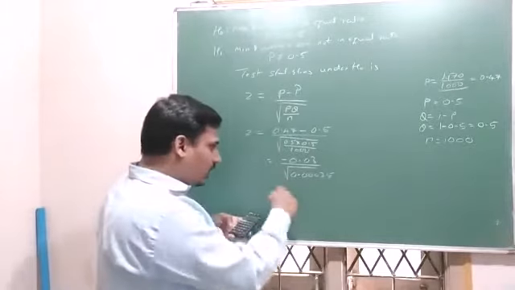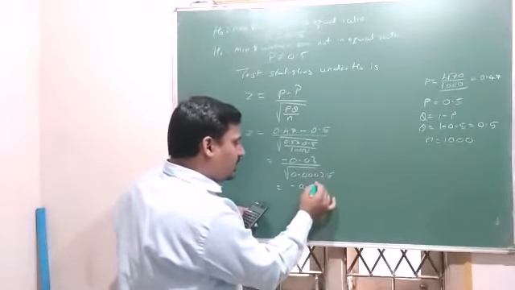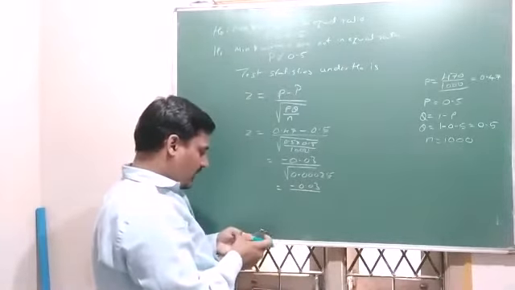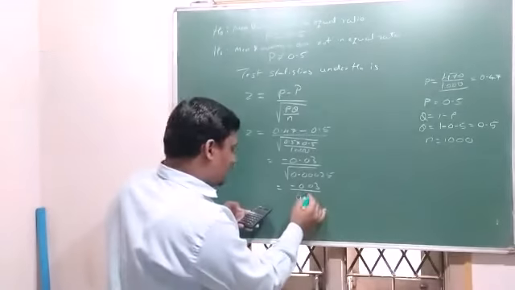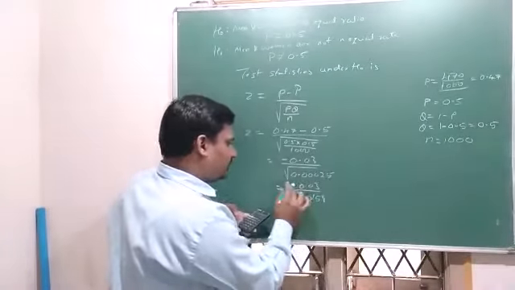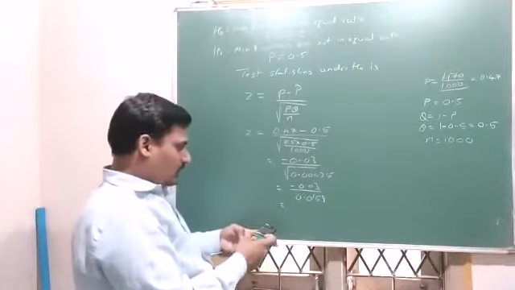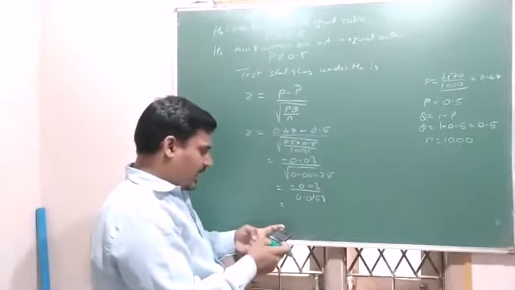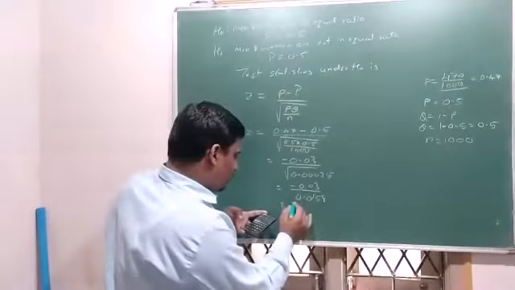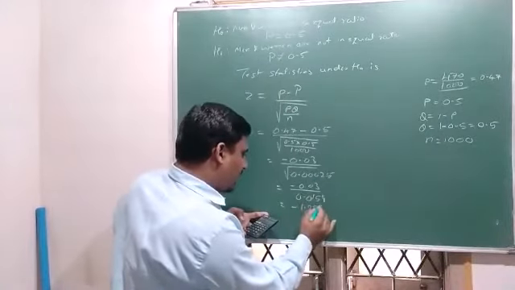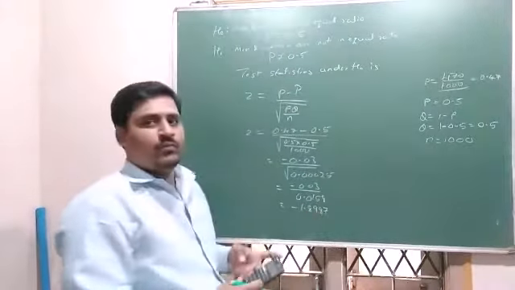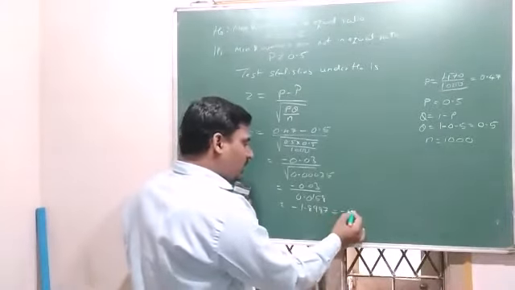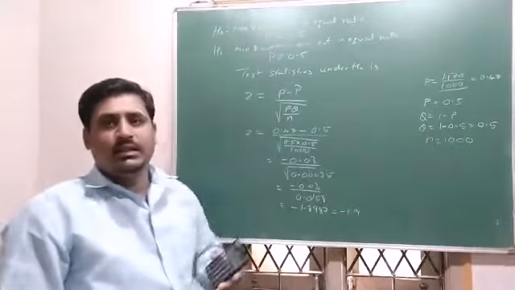Now find the root of this value: the root of 0.00025 is 0.0158. So minus 0.03 divided by 0.0158 is equal to minus 1.8987, approximately minus 1.9.